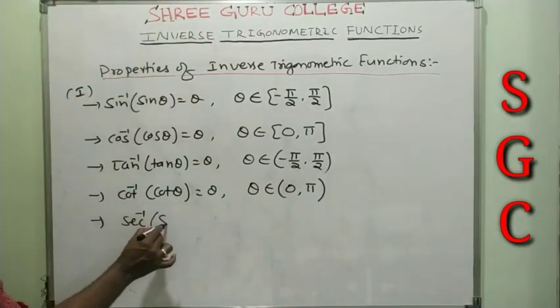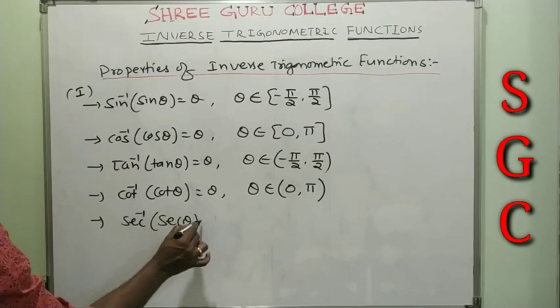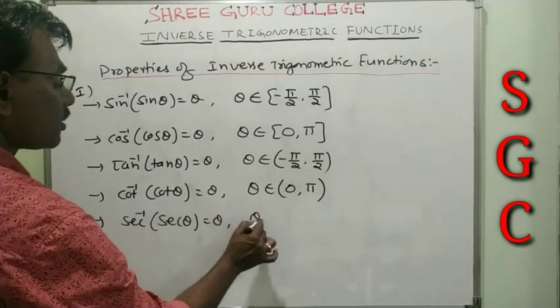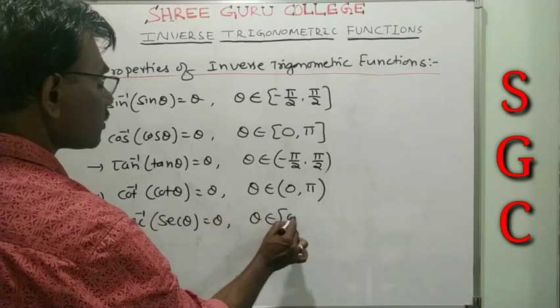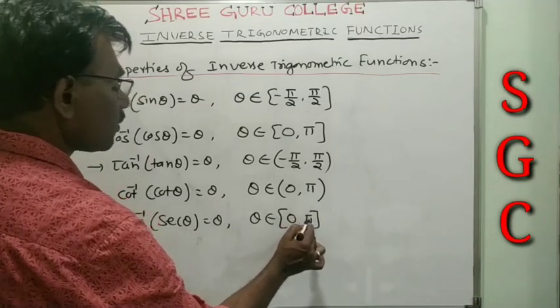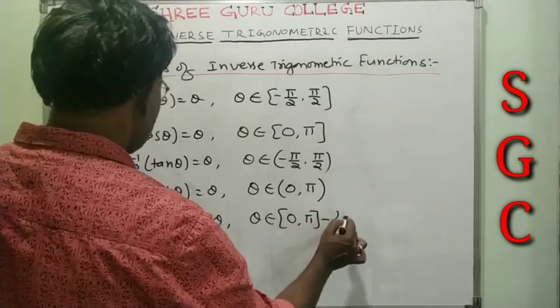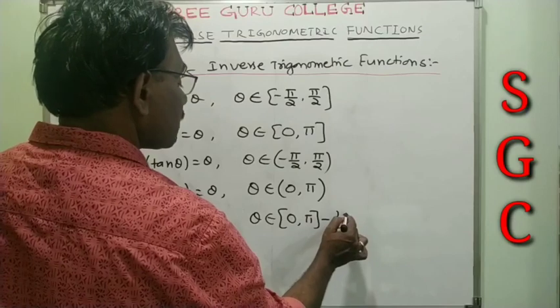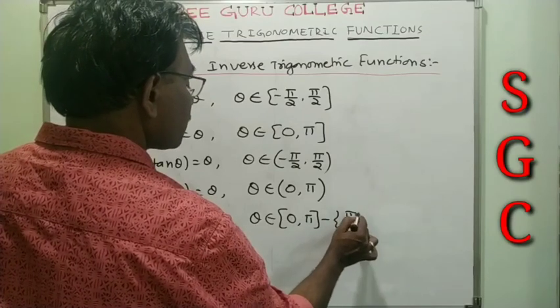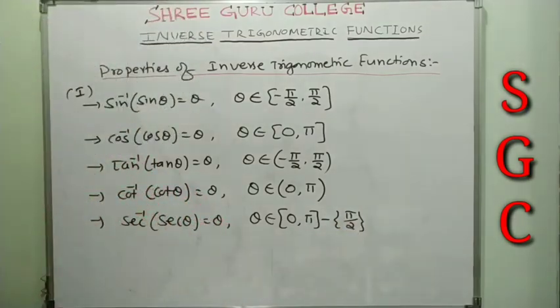Secant inverse of secant theta is theta, where theta belongs to 0 comma pi, both closed, but theta other than pi by 2.